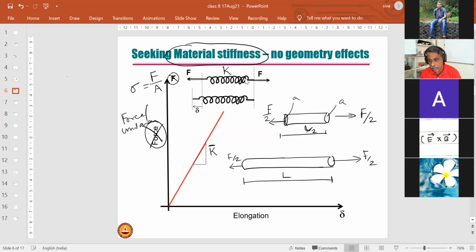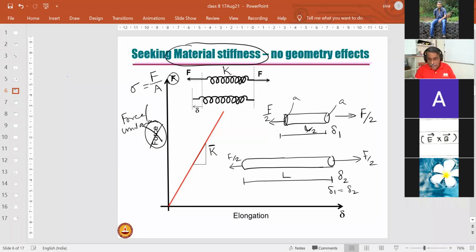What would be the elongation, say, delta 2 with respect to delta 1? Go ahead. It's the same, correct? I have delta 1 equal to delta 2, although the lengths have now changed.